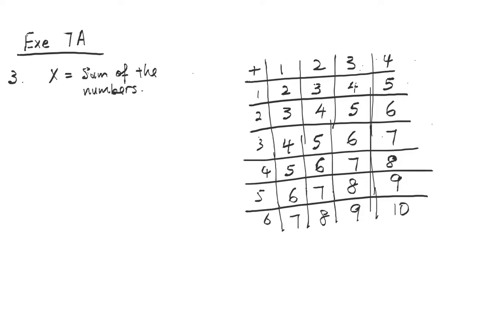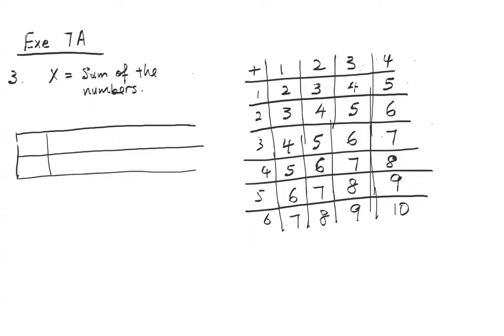So, Kevin, based on this, can you tell me what are the possible values for X? 2 to 10. Two to 10, correct?